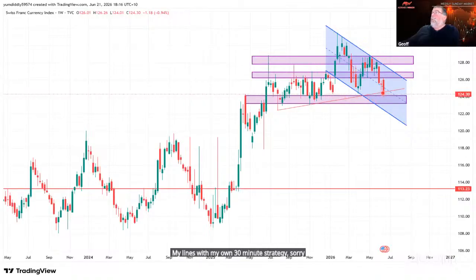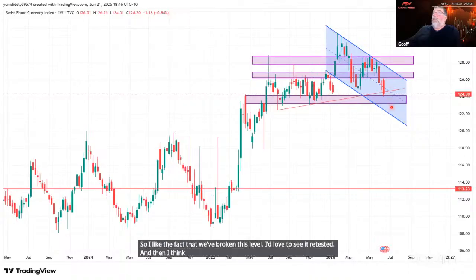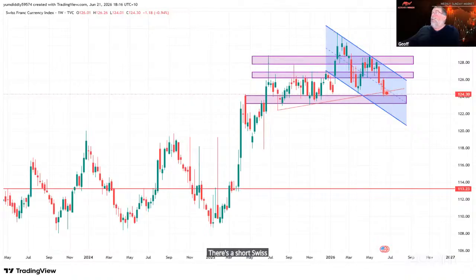So I like the fact that we've broken this level. I'd love to see it retested. And then I think there's a short Swissy potentially coming up. But once again, we're at support, so we need to have that confirmation. I also like the fact that this channel is telling me bounce off the top, bounce off the bottom, bounce off the top.